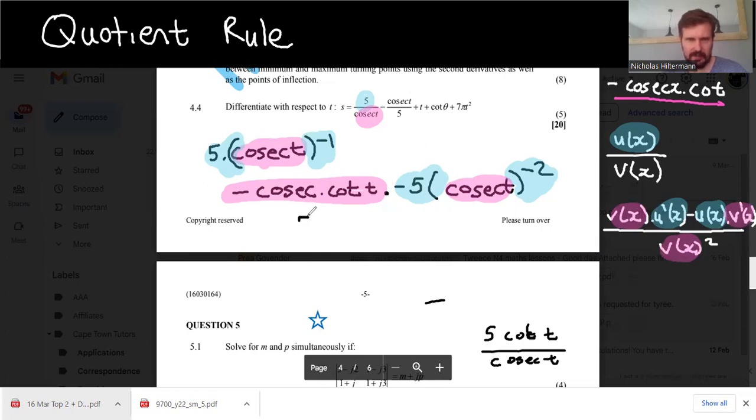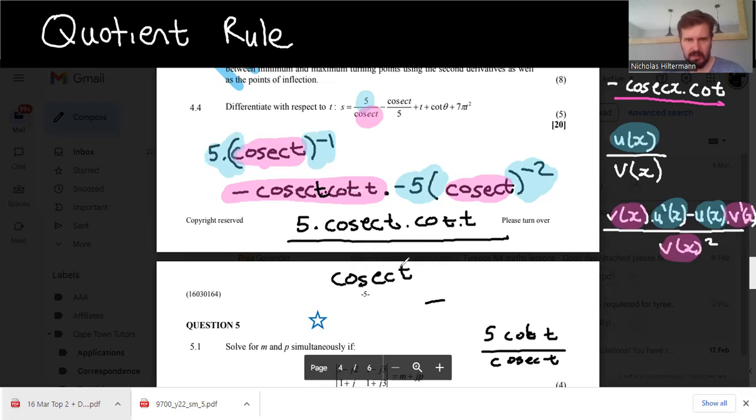So if I tidy this up, I get 5 cosec t cot t over, and this can end up going to the bottom and becoming cosec t squared. And of course I can cancel this cosec with one of these, and I'm left with 5 cot t over cosec t, which is exactly the same as what I got here.